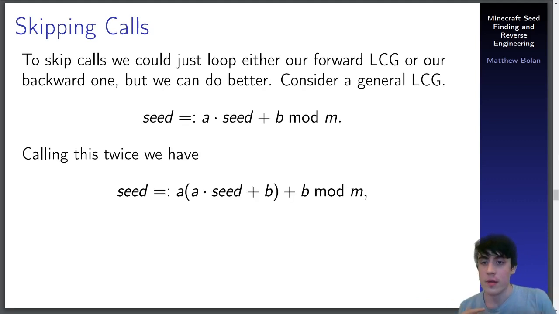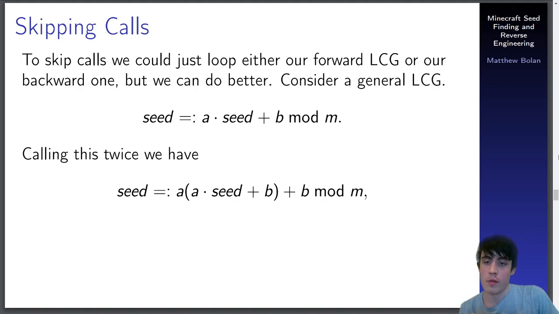Okay, great. And so in order to ease ourselves into what it's going to look like to call this thing twice, we're going to take this expression for the new seed that seed just got assigned to, right? So seed just got assigned a times seed plus b. We're going to take that expression and plop it in for seed.